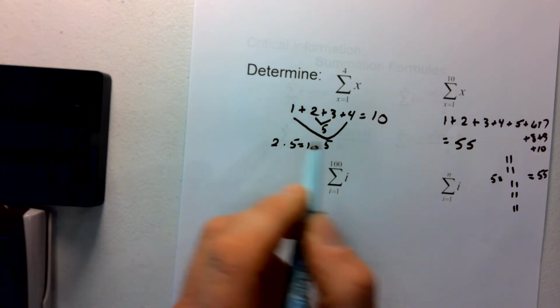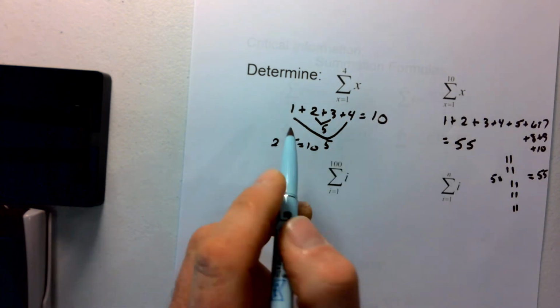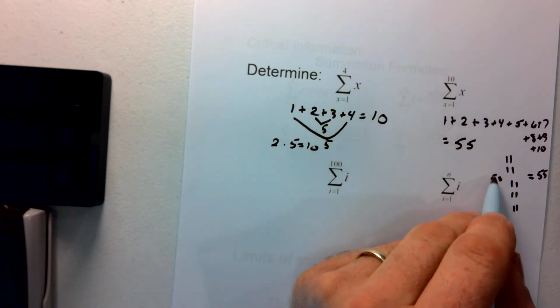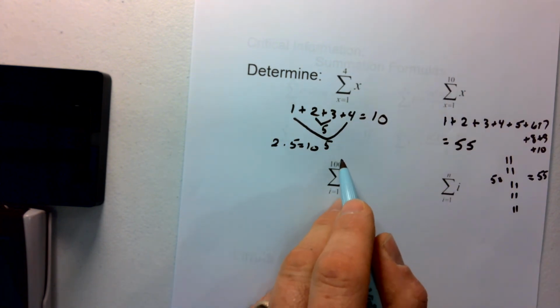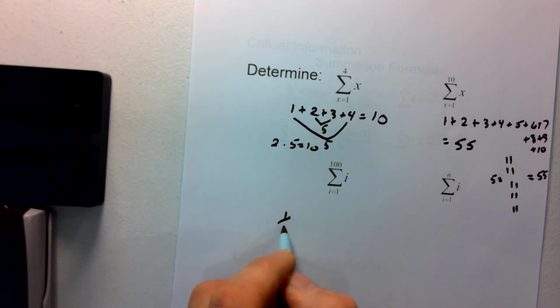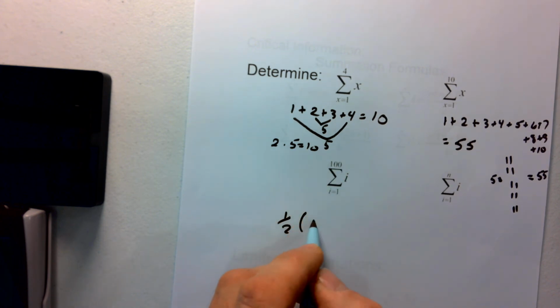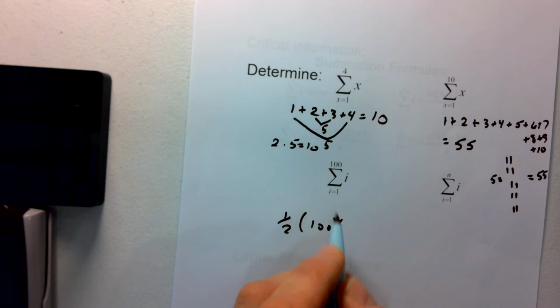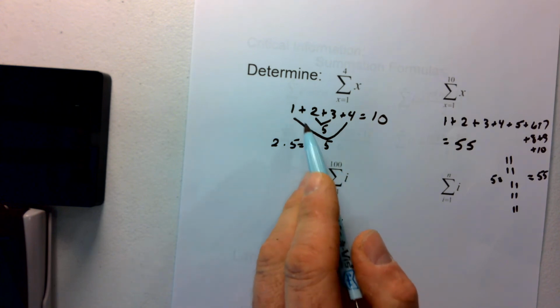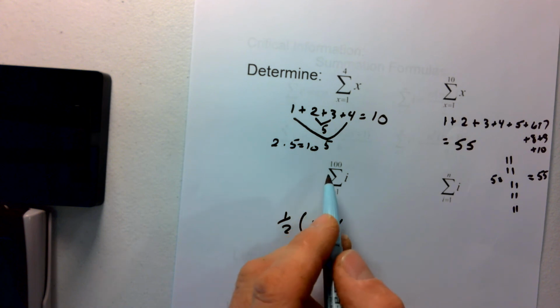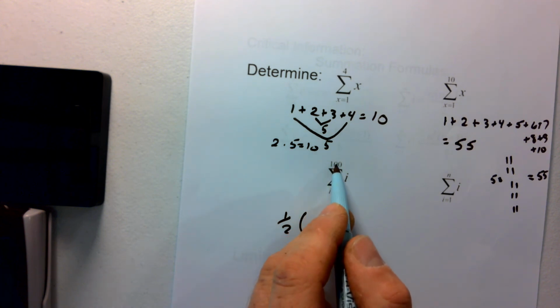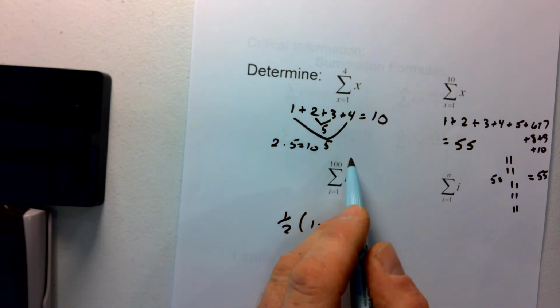Well, what do I know about 2 and 5 with my summations? 2 is half of 4 and 5 is half of 10. So if I take half of that number, 1/2 of that 100, and I multiply it by the sum of the first and the last term. In this case, 100 would be my last term.